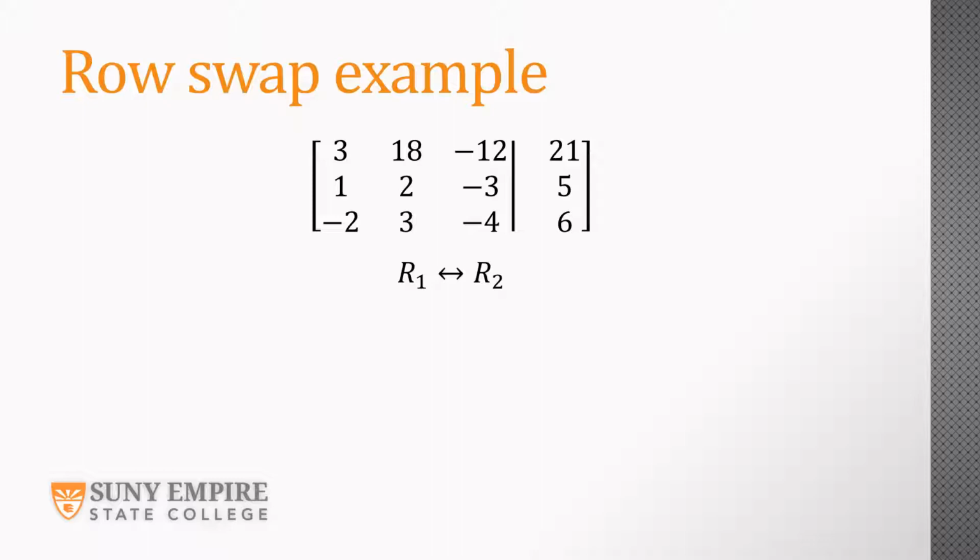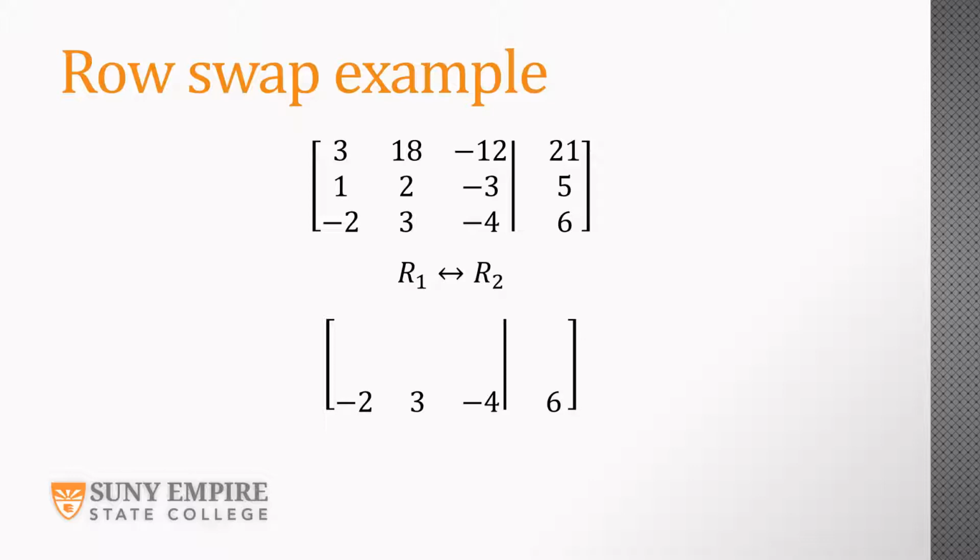Suppose we have the matrix 3, 18, negative 12, and 21, then 1, 2, negative 3, and 5, then negative 2, 3, negative 4, 6. We want to swap rows 1 and 2.